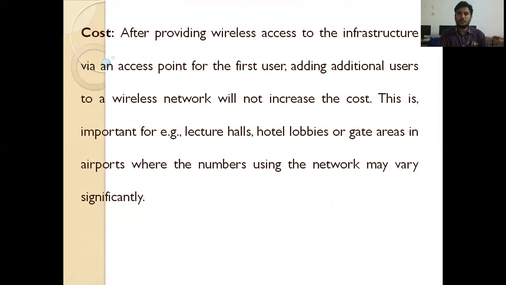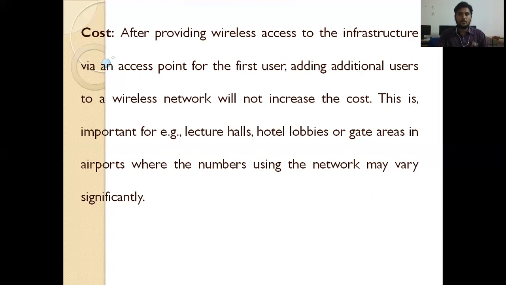And the next one is cost. After providing wireless access to the infrastructure via an access point for the first user, adding additional users to a wireless network will not increase the cost. For example, in your home, you are prepared to put in a wired connection.